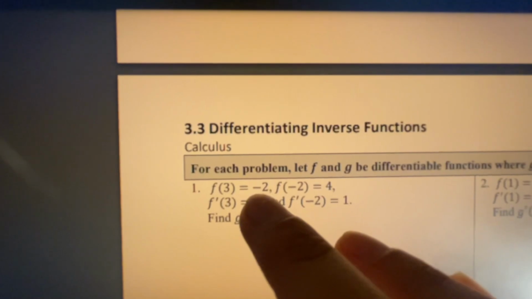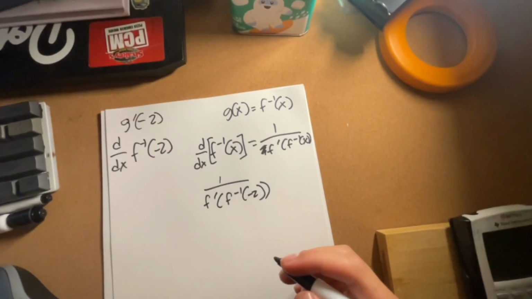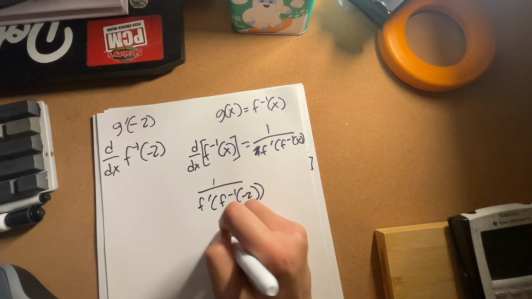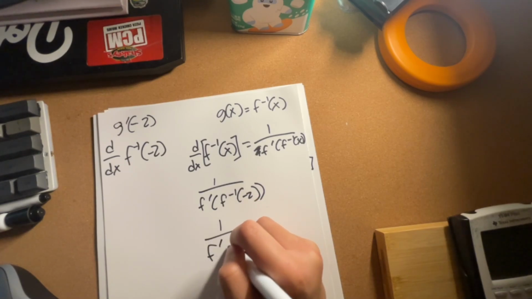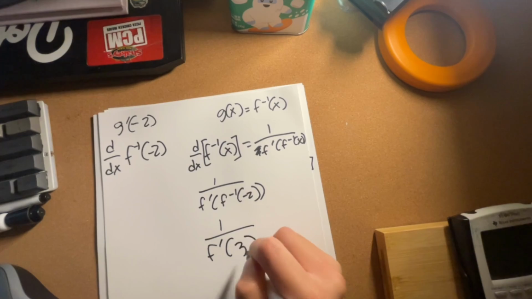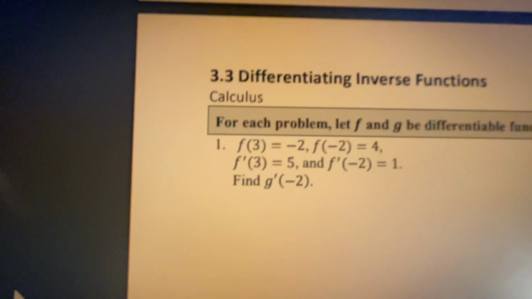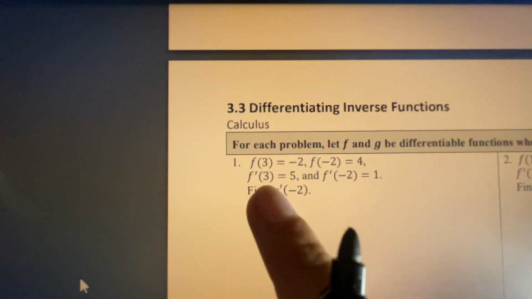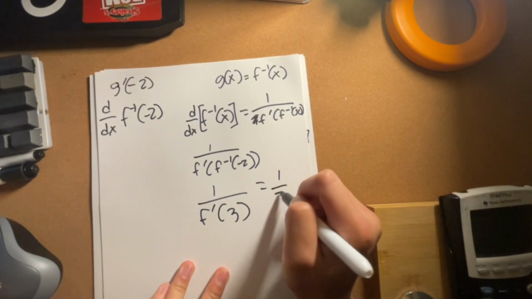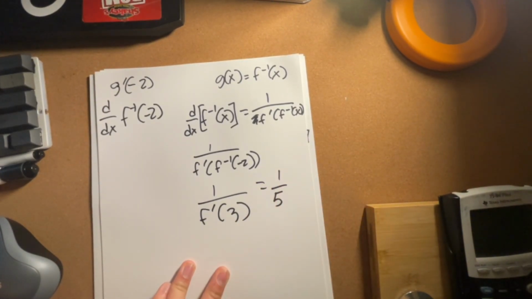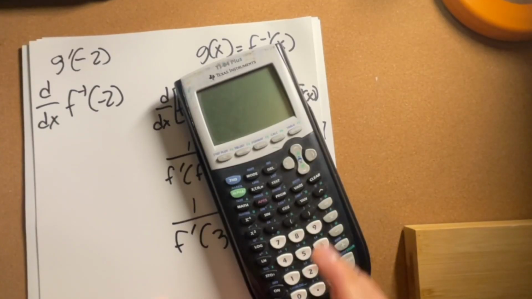So f of 3 is equal to -2, which means f inverse of -2 is 3. So that'll be 1 over f prime of 3. And it's already given that f prime of 3 equals 5. So that'll equal 1 over 5. And I guess that's it. That's our lesson.